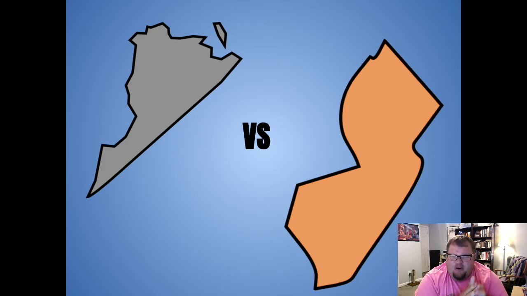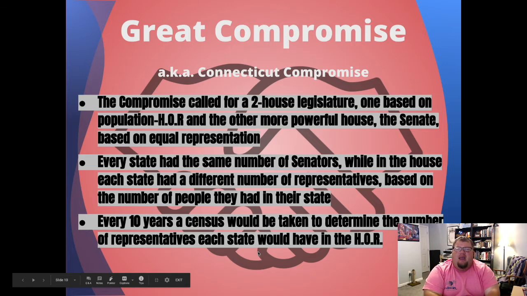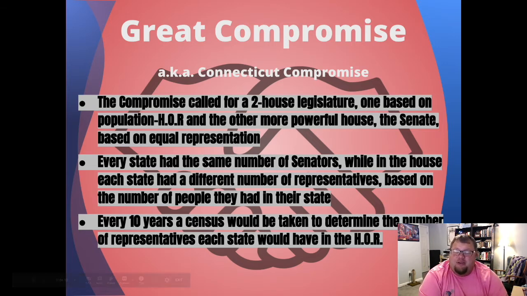And so the debate rages until you got a guy named Roger Sherman, okay? He comes up with the Connecticut Compromise, or the Great Compromise. In the compromise, he called for a 2-house legislature, one based upon the population, so that's your House of Representatives, and a more powerful house, the Senate, based upon equal representation, okay?